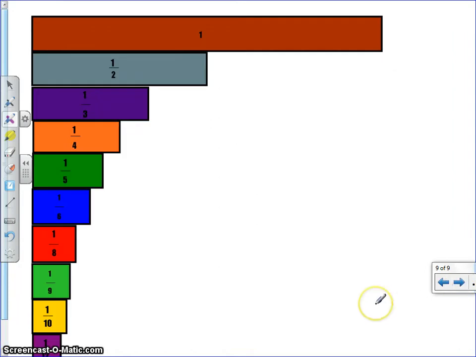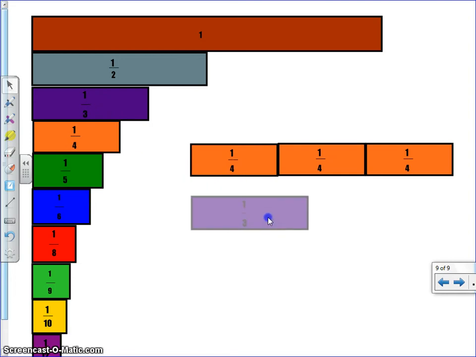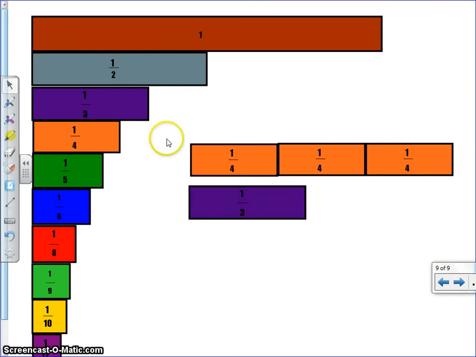And again, I just want to show you another picture of fraction strips. I'll take that same example here. We have 3/4, so I need 3 of these. And then I compare them to 2/3. And whichever one's longer is obviously the bigger piece.